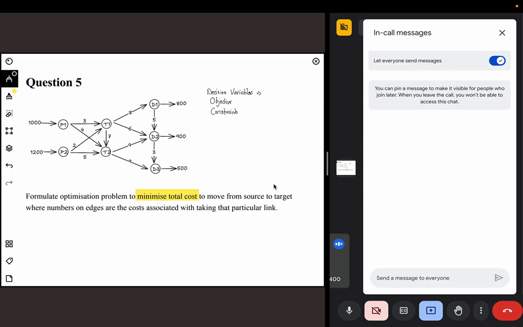Instead of putting this one, I just put some numbers here so that it will be easy. No, what would be my variables?